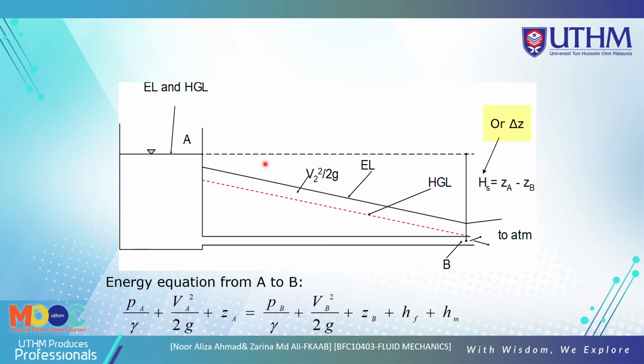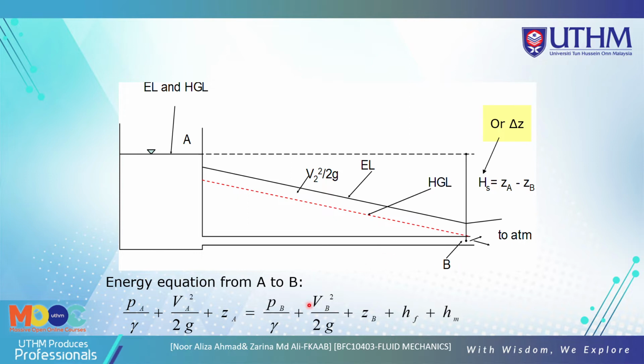We use the Bernoulli equation, the energy equation from A to B. So we have Z plus the HF and HM. This is also something you have learned in chapter 3. We will use chapter 3 and chapter 4 again.